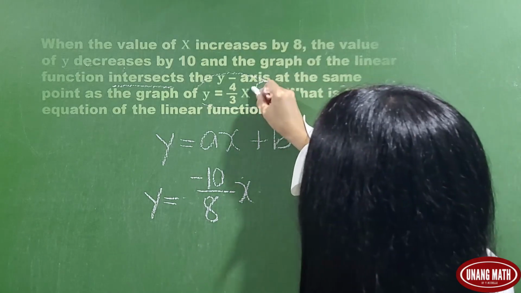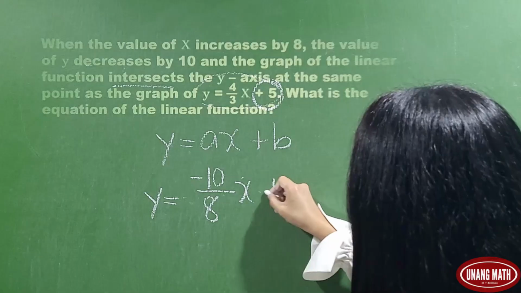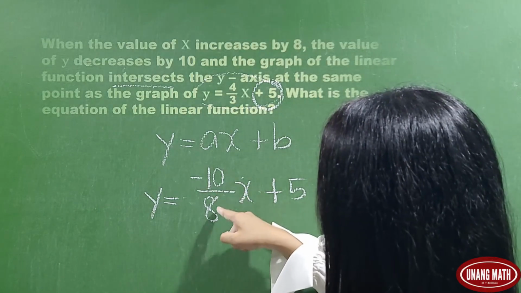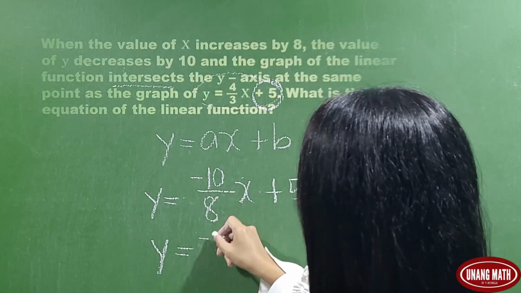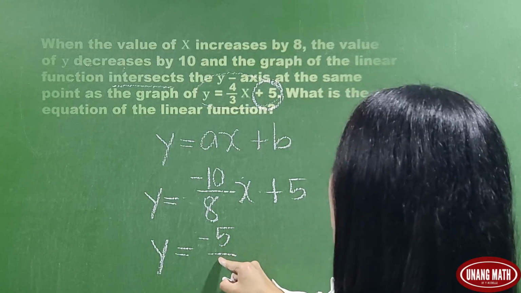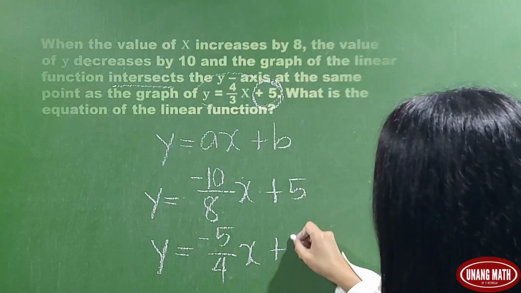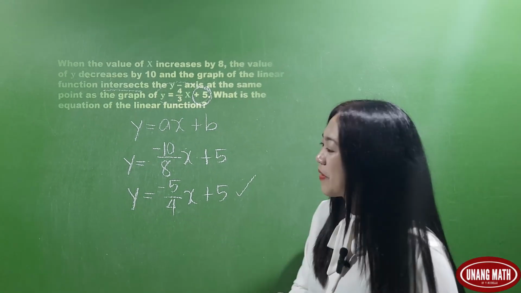So that means the y-intercept is also 5, so this is plus 5. Okay, let's simplify negative 10 over 8. Dividing by 2, this is negative 5 over 4. So we have y equals negative 5 over 4x plus 5. So this is now our linear function.